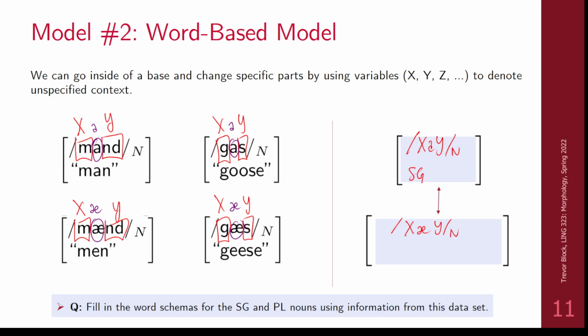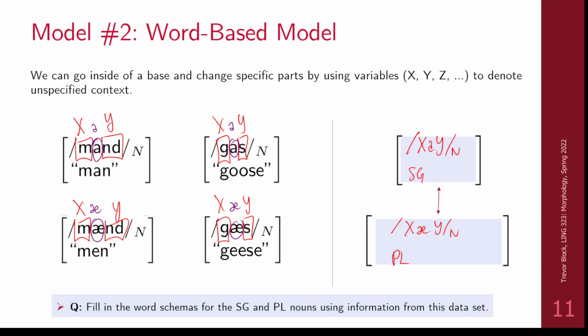The top one is singular, the bottom one is plural. So it's not really telling us anything about the process. It's just saying there's two word forms. There's a singular form and a plural form. If you have a singular form of XAY, where X and Y are whatever, we can change it into a form XAY, where X and Y are the same thing, but it's plural. Or we could go back and forth.